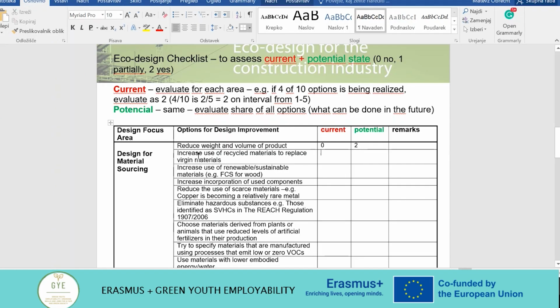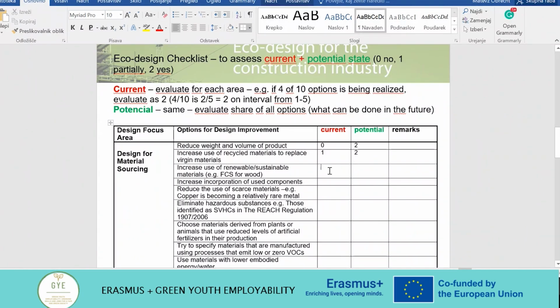Then you can consider, are you increasing the use of recycled materials to replace virgin materials? If you're not doing this at the moment, or you're just partly doing this because, say, the cap of the plastic bottle is made out of recycled plastic, you can say, okay, partly it is done already, but not yet fully. It could be done completely.